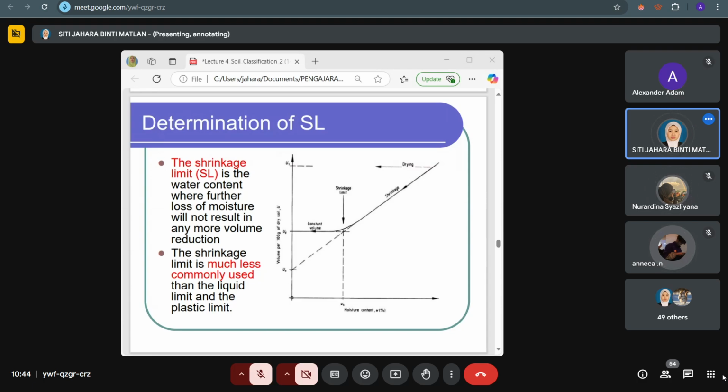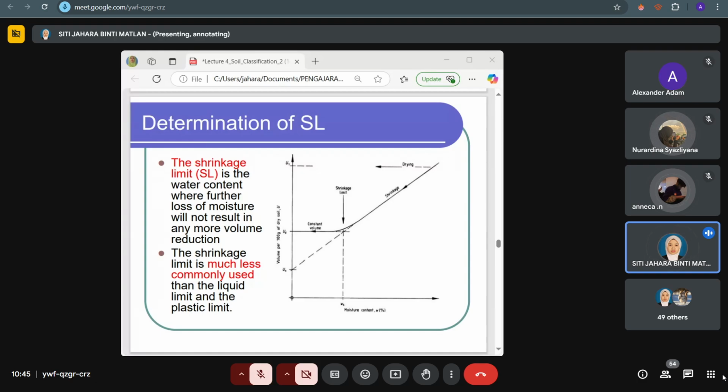So that is the definition of shrinkage limit. The key concept is that below the shrinkage limit, the volume of soil remains constant even if more water evaporates. It will not change in volume anymore.